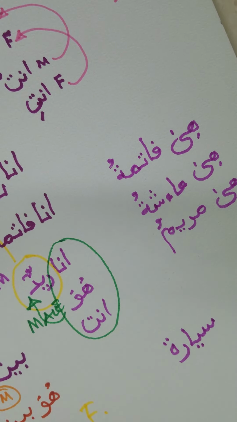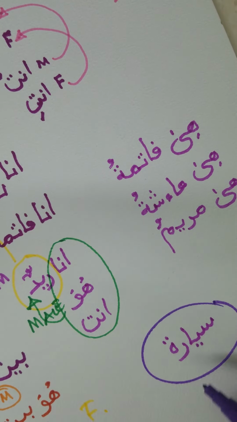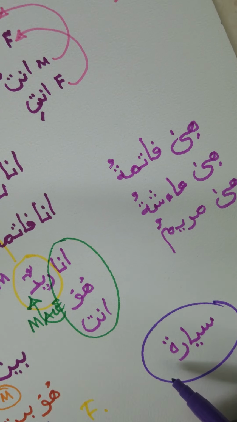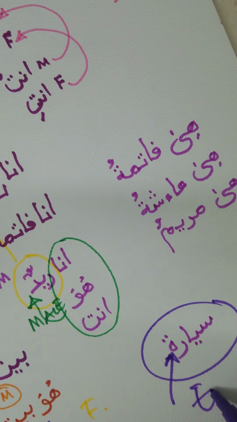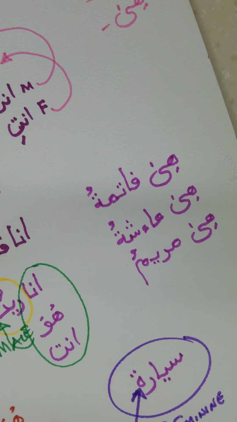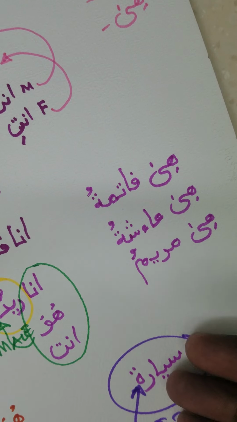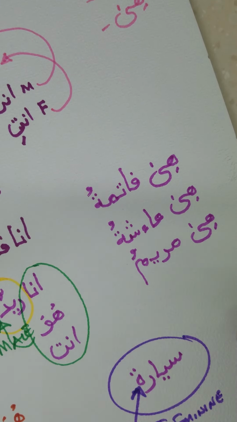You ask yourself, is this word feminine or masculine? The answer is this is feminine. Why? Because it ends with a tamal boot. This. So this is feminine. These words, the more you get used to them, the more it will be so easy for you to identify them. Now, after identifying that this is female, you write here siyaratun.